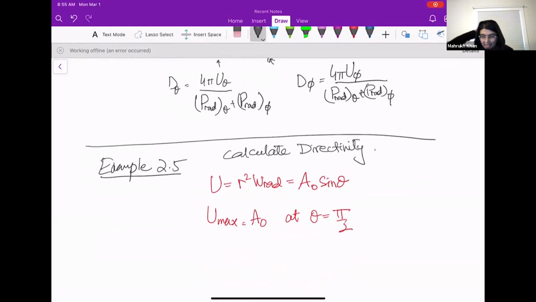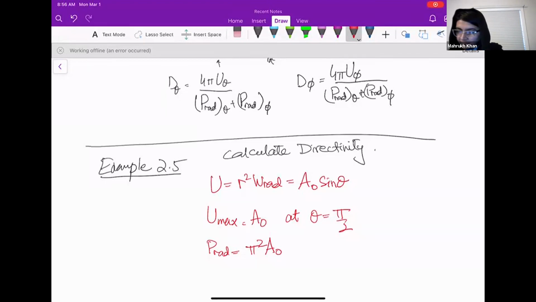Okay, U max is equal to A naught at theta equals pi by 2. And we have calculated our P rad before. That was pi square A naught. So these are all the quantities we are using from the previous example.